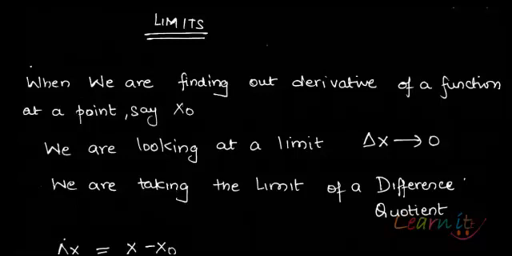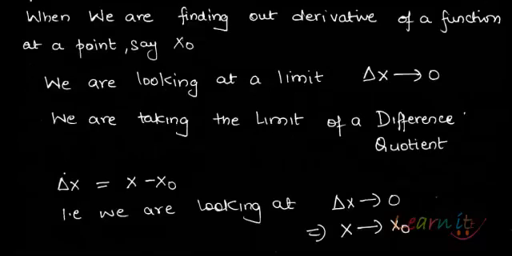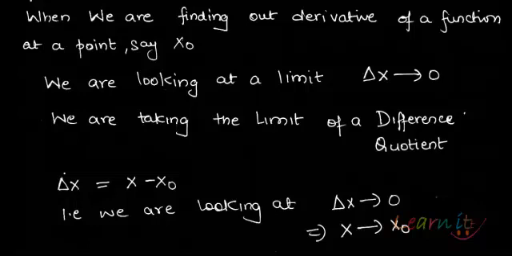So what do we actually mean by this word limit? Let me just throw a little more light on it. We have been looking at delta x, which is x minus x naught, the change in x, the independent variable x.